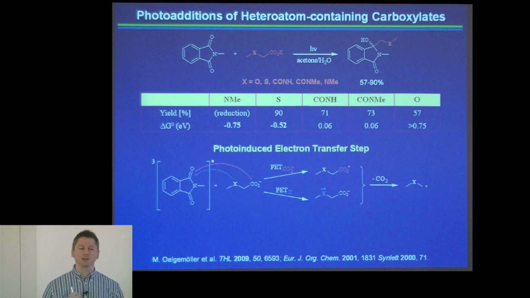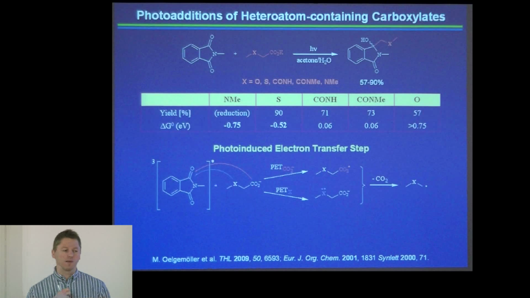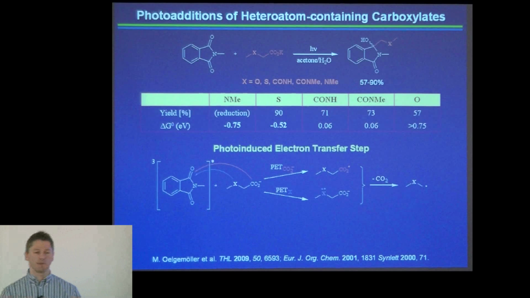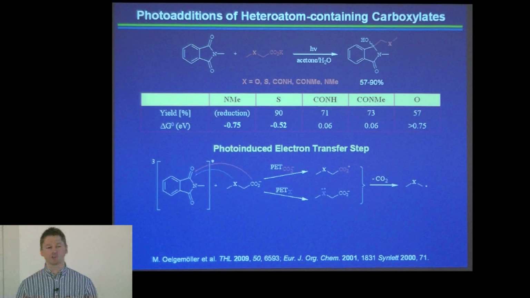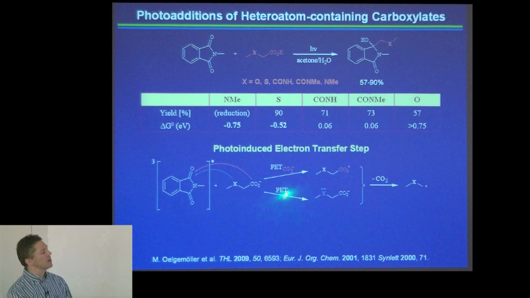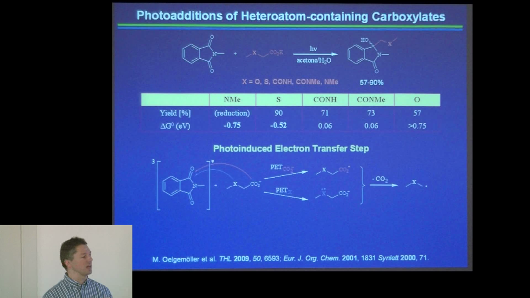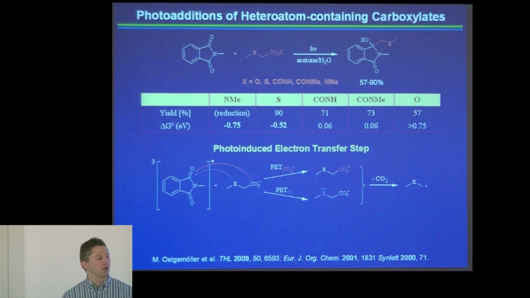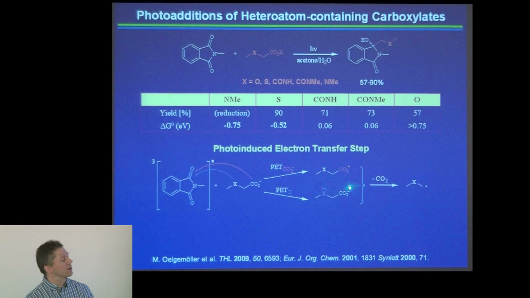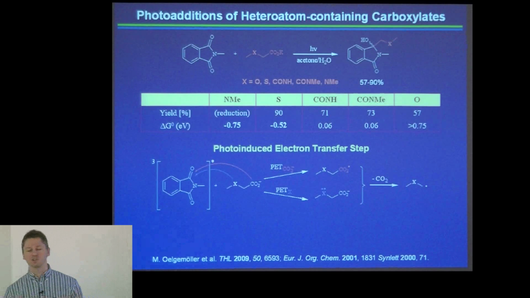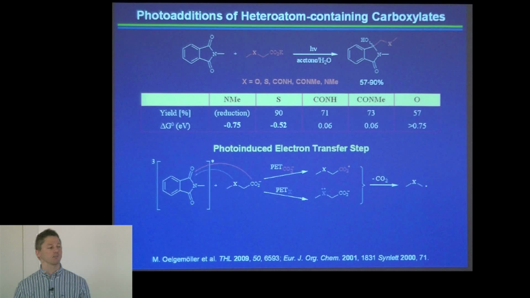It is mechanistically interesting because you have a competition here in this crucial electron transfer step. So you have either an electron transfer from the carboxylate, giving you the carboxy radical that undergoes decarboxylation, or you have electron transfer from X, and you form this radical cation, and then the carboxylate in alpha position becomes a leaving group, and you kick out carbon dioxide.